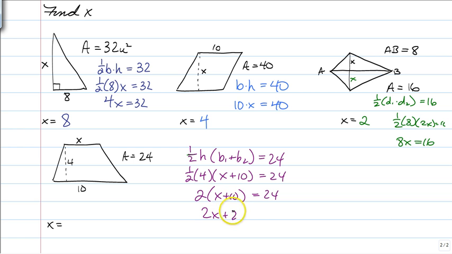Distribute, 2x plus 20 is equal to 24. 2x is equal to 4, so x is equal to 2. So we know the top base has to be 2.